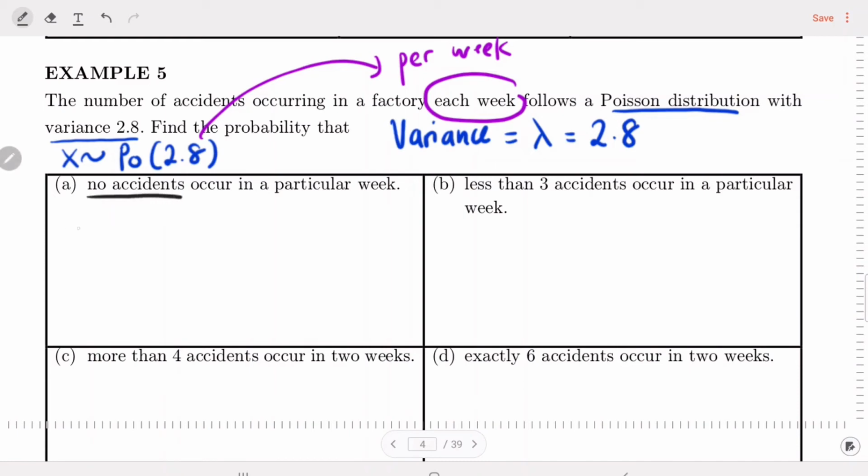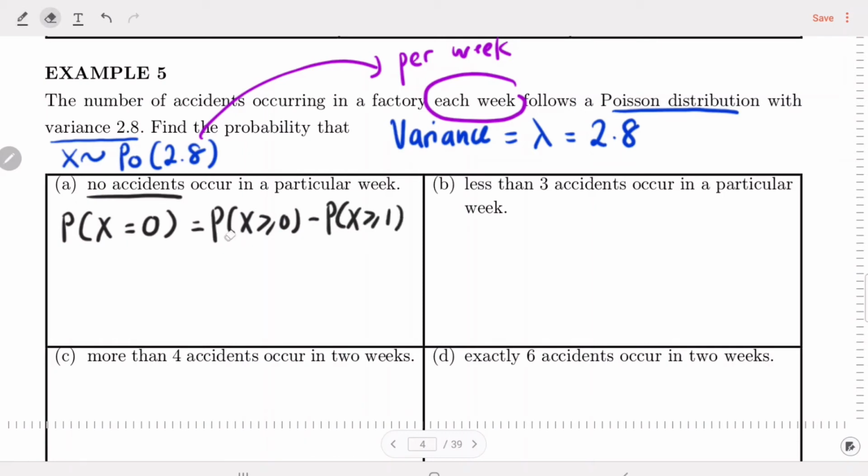No accidents mean probability x equal to 0. So to find the probability x equal to 0, we can use the Poisson table. If we would like to use the Poisson table, it's going to be probability x greater than equal to 0 minus probability x greater than equal to 1.